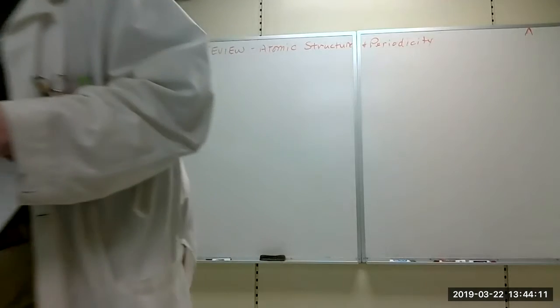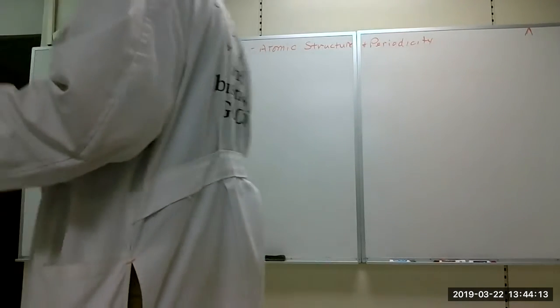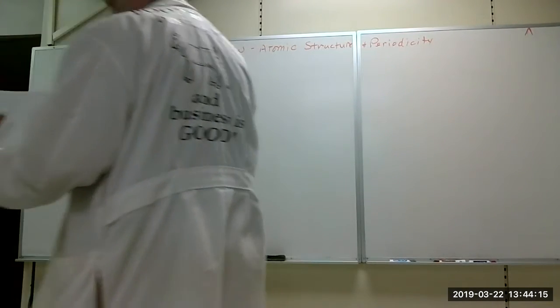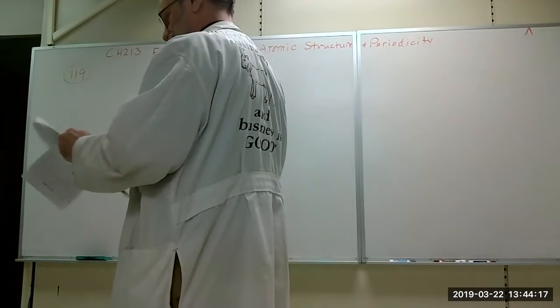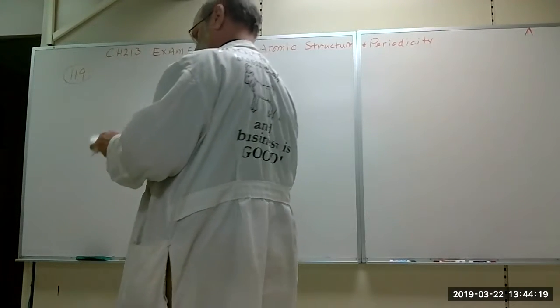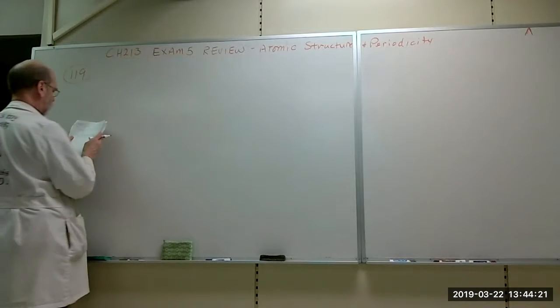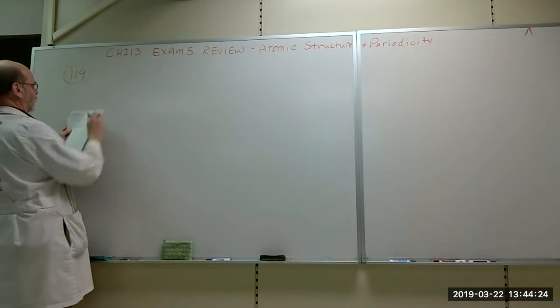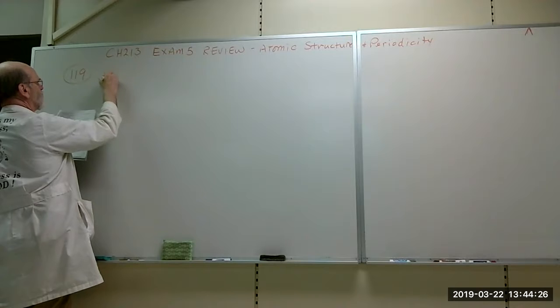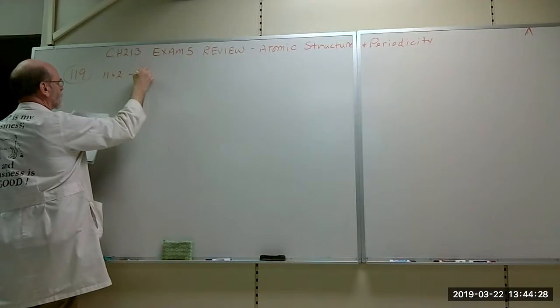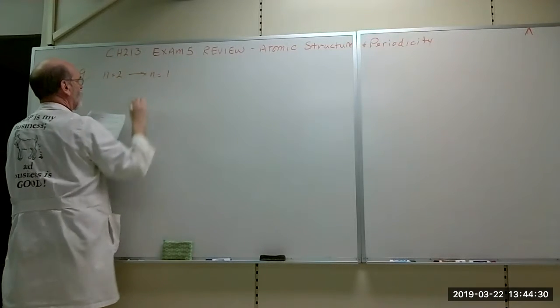Okay. Yeah, that was using the same formula as before. Okay, what do we know? The transition is from n equals 2 to n equals 1.